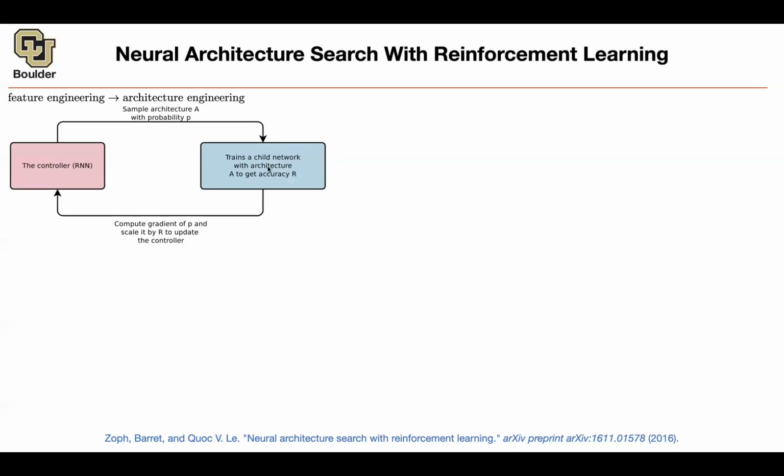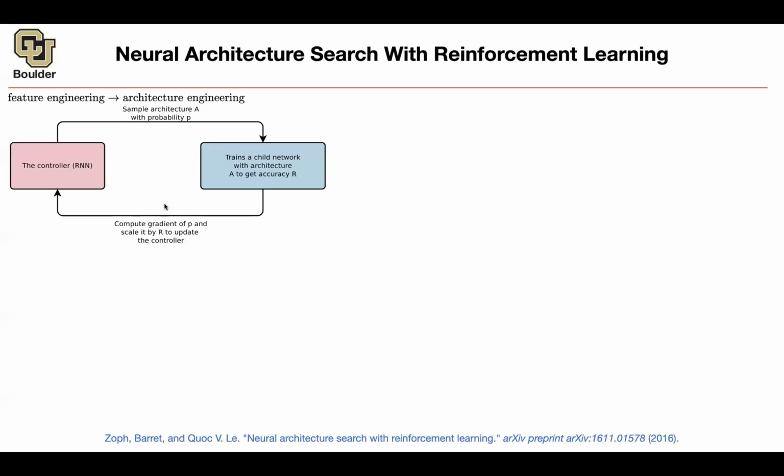Now you take your algorithm and look at your validation data, and for instance, measure its accuracy or any other performance metric that you have. That's going to give you R. It's a signal for you to adjust the parameters of your controller, recurrent neural network. So it's going to tell you, yes, this architecture is good, it's doing this much good, or it's that bad.